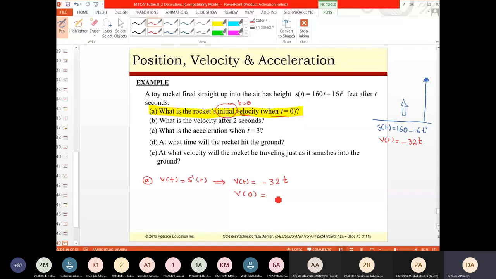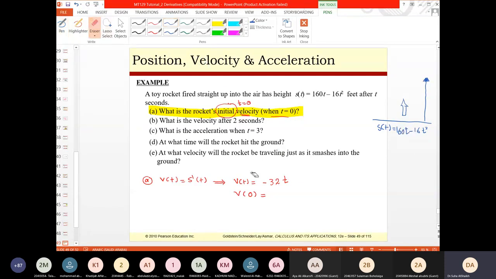So actually, sorry, we have a mistake here, because here there is a t and I forgot to write it, right? This is 160 t.